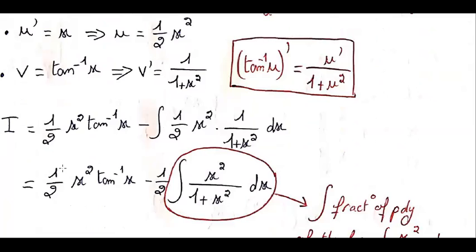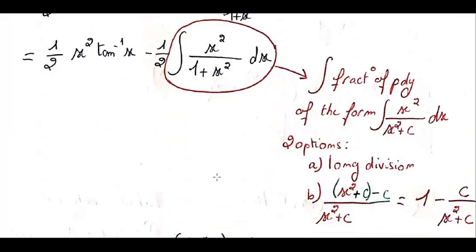So we get half x squared tangent inverse x minus, this half I'm going to put outside the integral, so minus half integral x squared over 1 plus x squared. Now, this integral, which is x squared over 1 plus x squared, is a fraction of two polynomials of the form integral of x squared over x squared plus a constant.